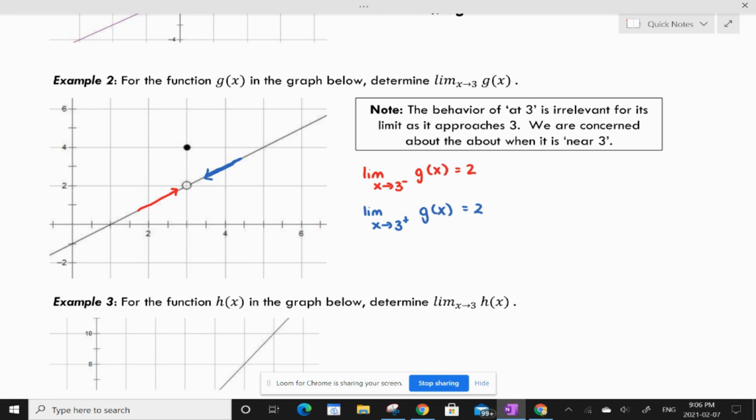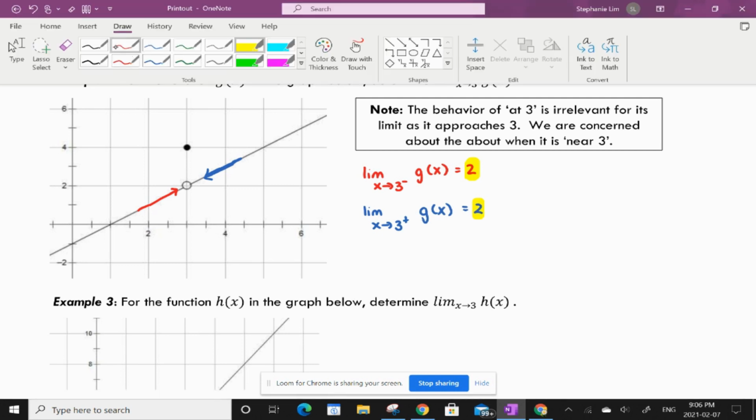So does the limit still exist here? Limits talk about the behavior as we approach x equals 3. It doesn't actually talk about what's happening at x equals 3. So in this particular case, the limit exists because they're going to the same number coming in from the left-hand side and from the right-hand side.